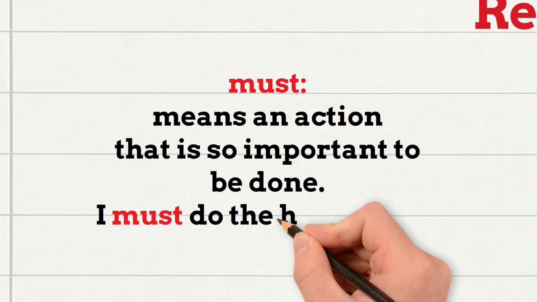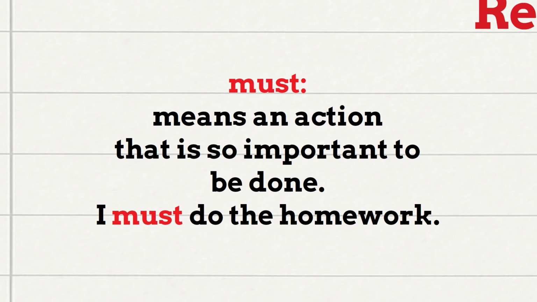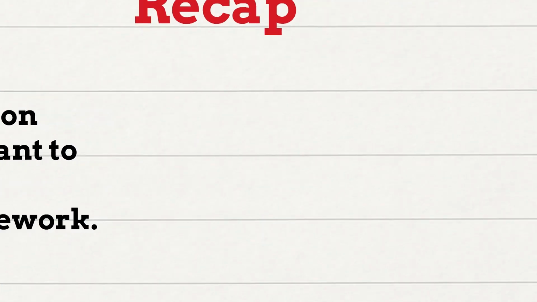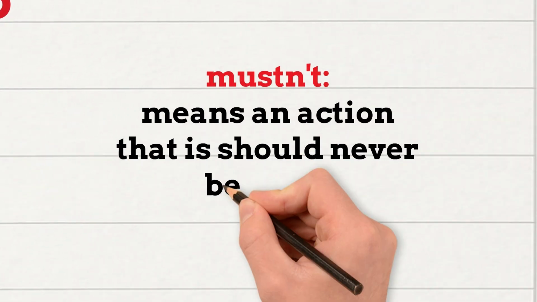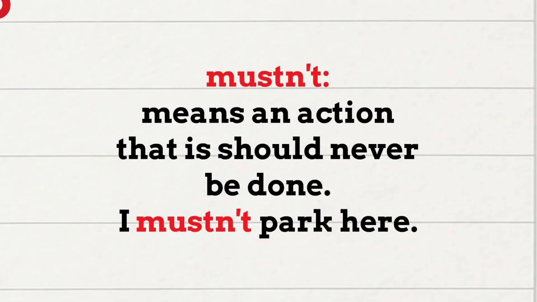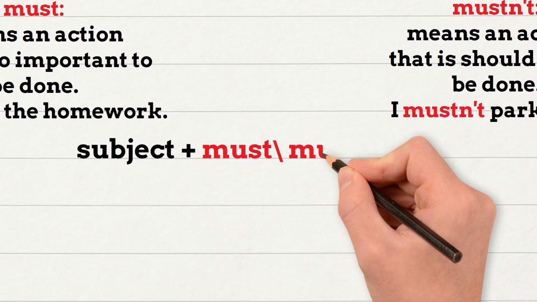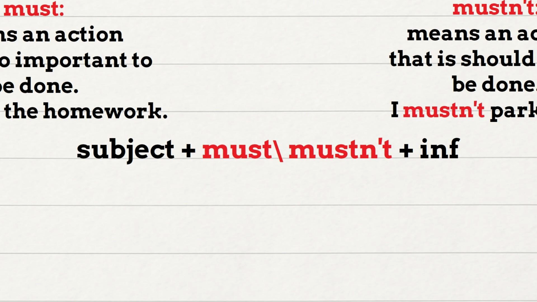Let's recap now. Must means an action that is so important to be done. For example, I must do my homework. Mustn't means an action that should never be done. For example, I mustn't park here. To form a positive or a negative sentence, you start with the subject, which could be a pronoun or a noun, then must or mustn't, then the infinitive, which is the base form of the verb.